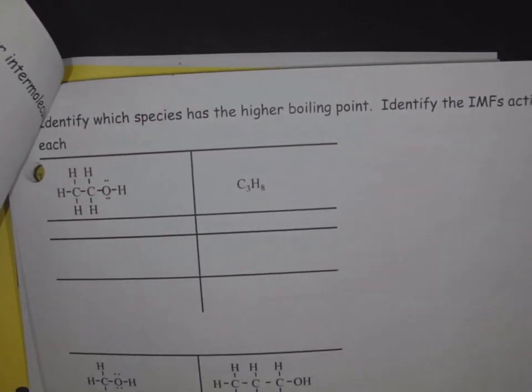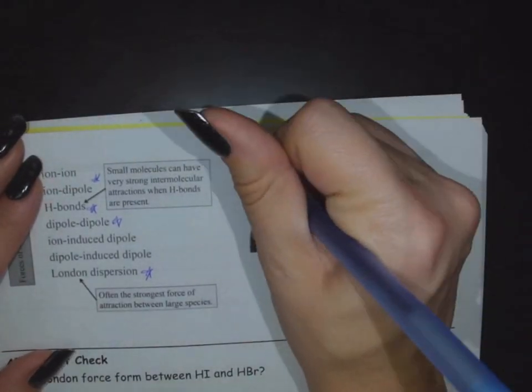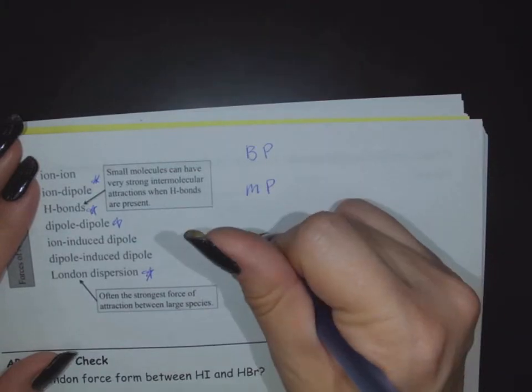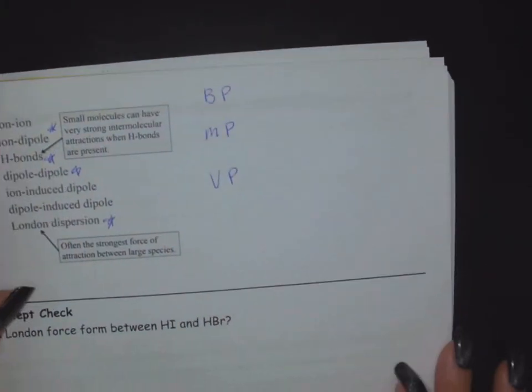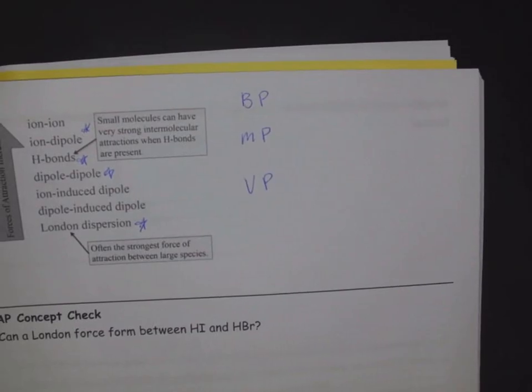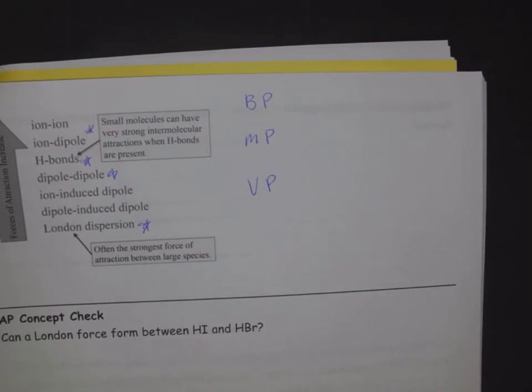Let's talk about 3 things: boiling point, melting point, and vapor pressure. Boiling point, melting point, vapor pressure. All of these have direct relationships to IMFs.